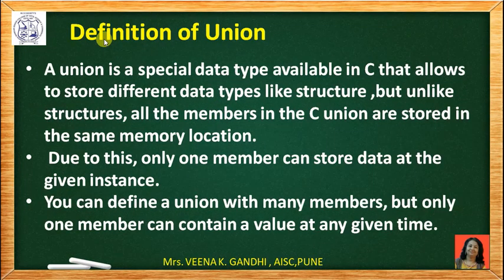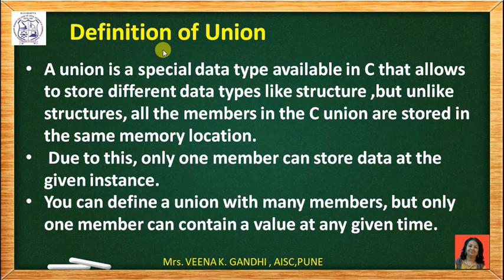Before looking into the definition of union, first we will understand why we require union. Suppose we want to store information about different shapes like circle, rectangle, etc. So we will create a structure for circle which contains radius. Then we create another structure for rectangle which contains length and width.